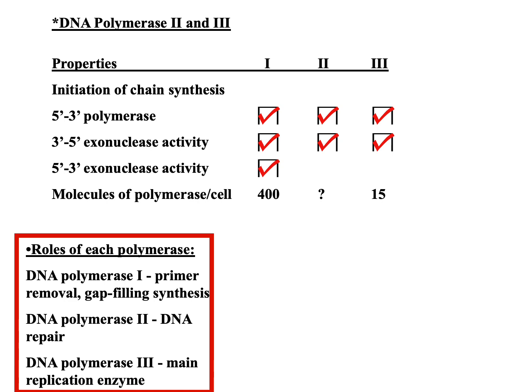It's adding nucleotide after nucleotide after nucleotide. DNA polymerase 2 is an enzyme that is typically involved in repair mechanisms. And DNA polymerase 1 is involved in what's referred to as primer removal and gap-filling synthesis. As I mentioned previously, we'll come back to that concept in just a minute.